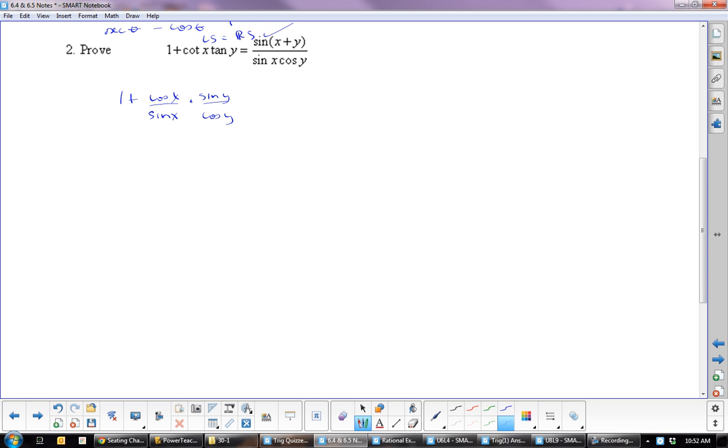Another really common thing to do is when you have a number plus something else, we have to get that number together with it up top. The only way to do that is with a common denominator. So this will be sine x cos y over sine x cos y. See, that's 1. Plus, I have cos x sine y over sine x cos y.